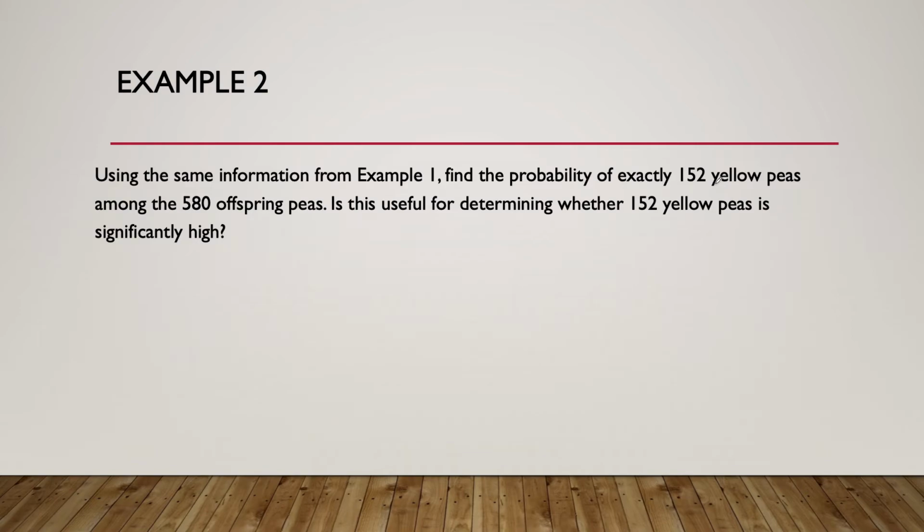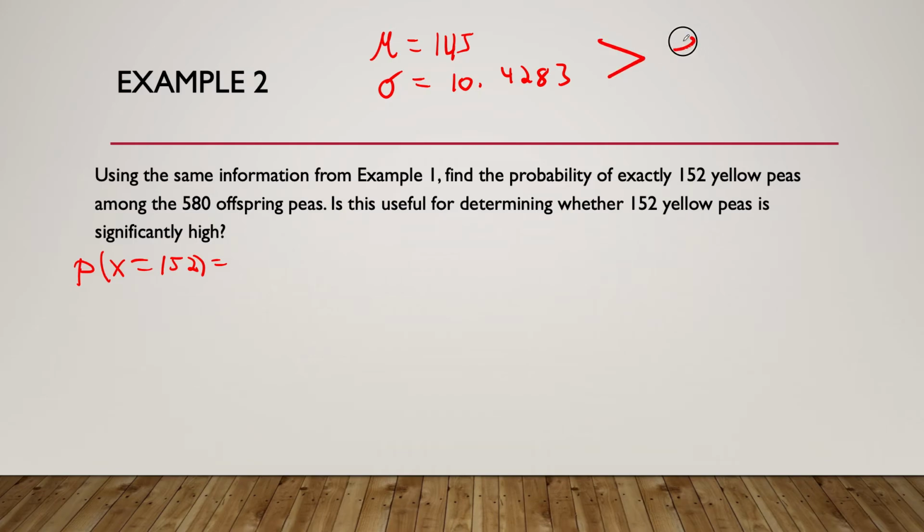And based on the same idea from example 1, let's find the probability of exactly 152 yellow peas among the 580 offspring peas. And then, is this information useful for determining that 152 peas is significantly high? So we want the probability of exactly 152. As we saw from example 1, the mean was 145 and the standard deviation was 10.4283.